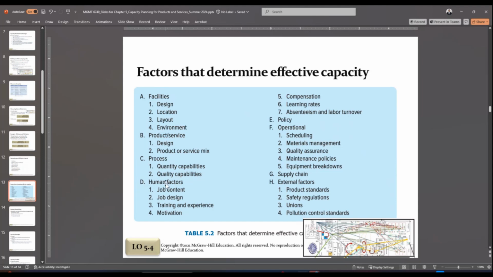Also consider the human factor, and policies, like environmental policy, health and safety, or FDA policy if you are working in a regulated environment like medical device companies. Also look for operational factors, supply chain, as well as external factors.